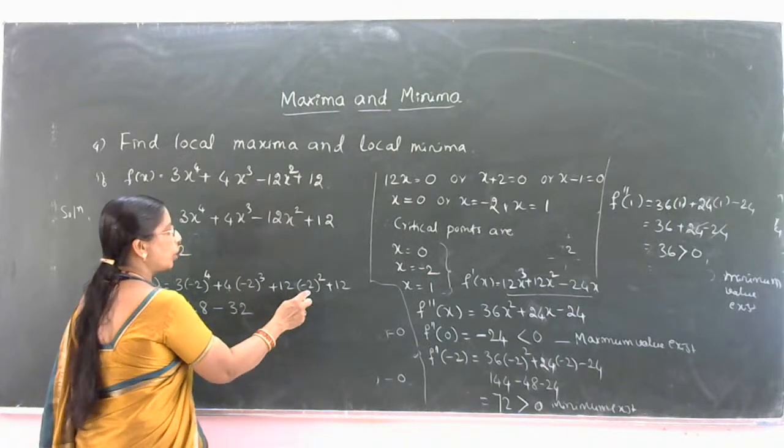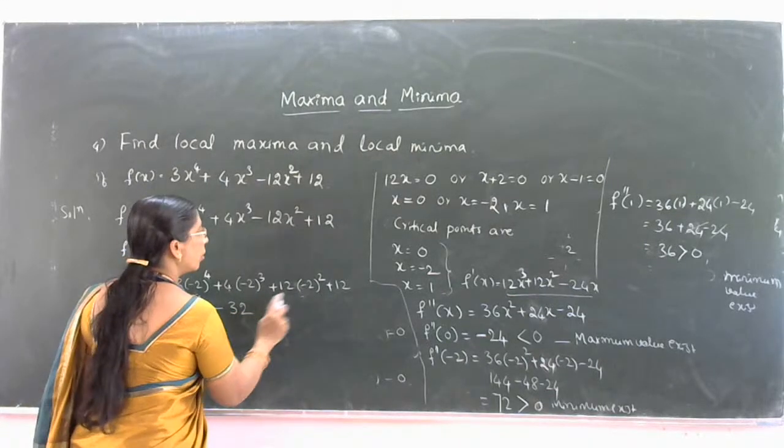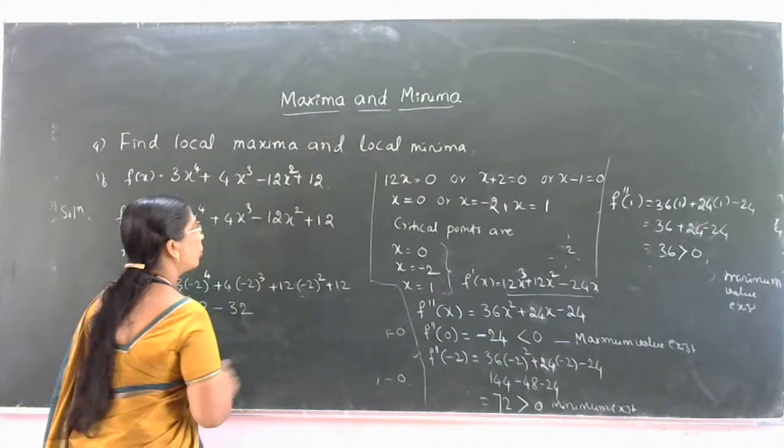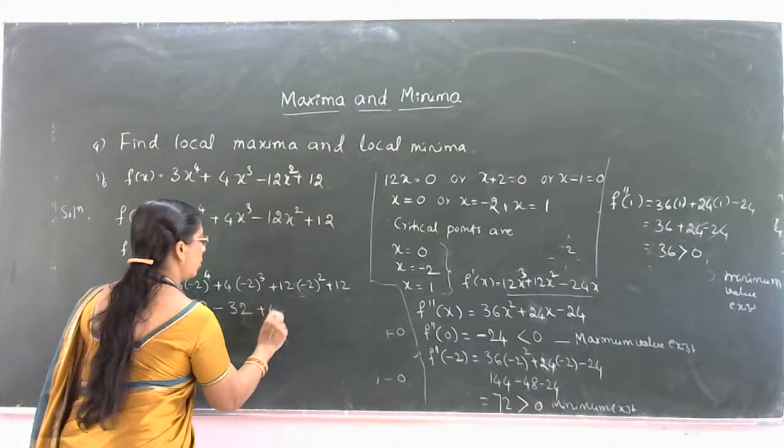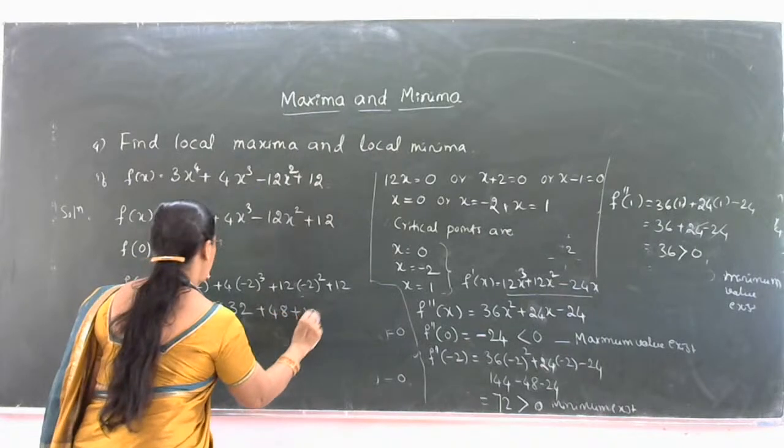Then minus 12 into 4 is minus 48, plus 12.